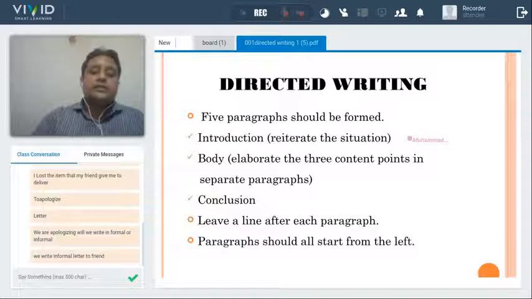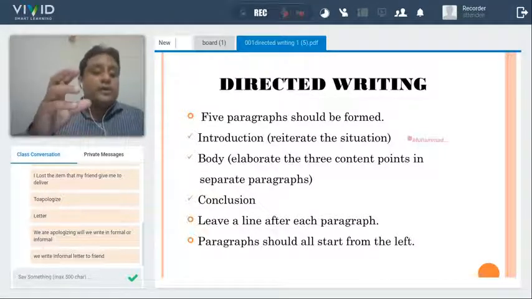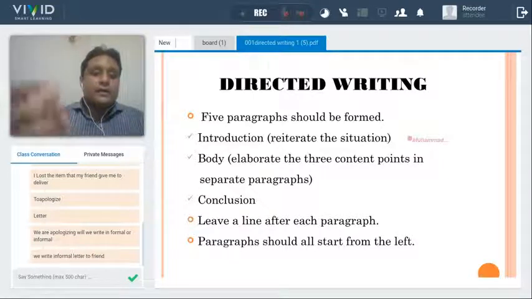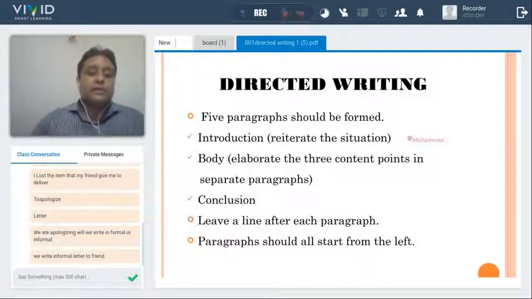So the line states introduction, reiterate the situation. Reiterate the situation means we are going to comment on the situation. We are going to take the situation from the question and write it down in the first paragraph of ours.